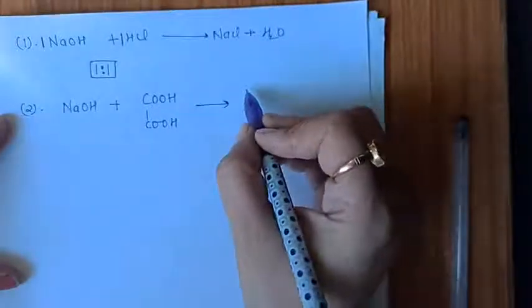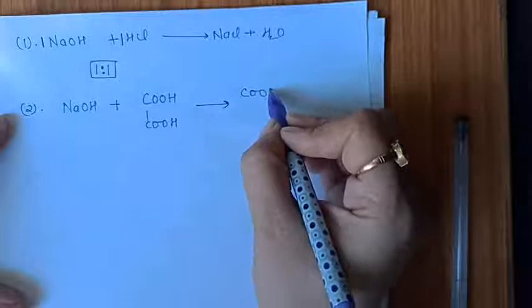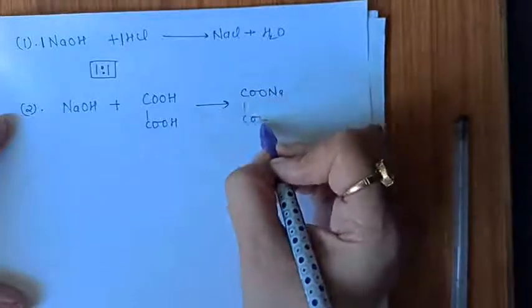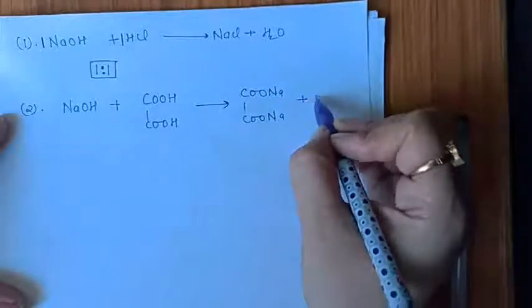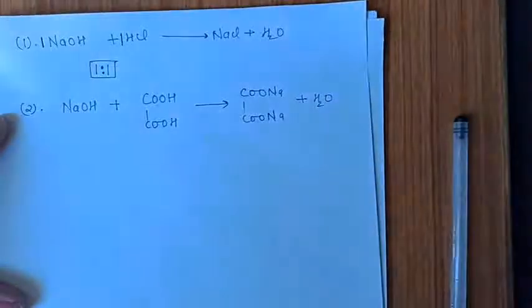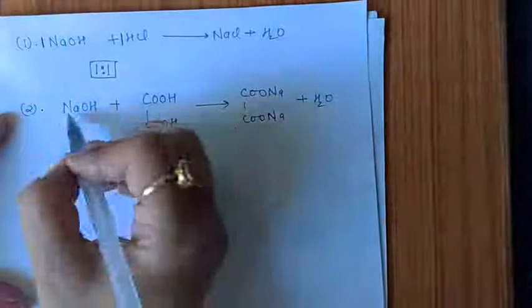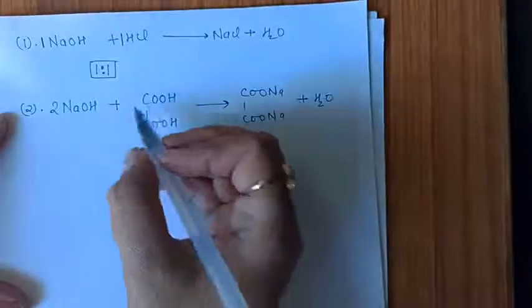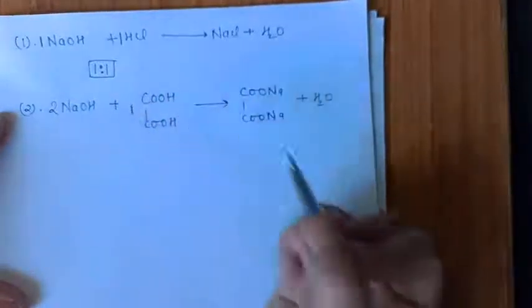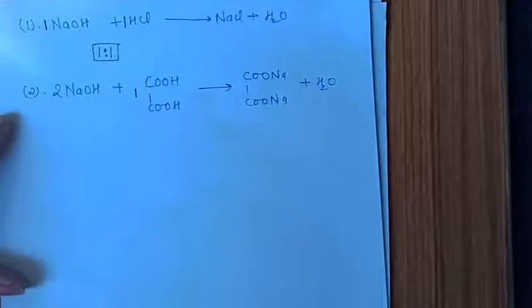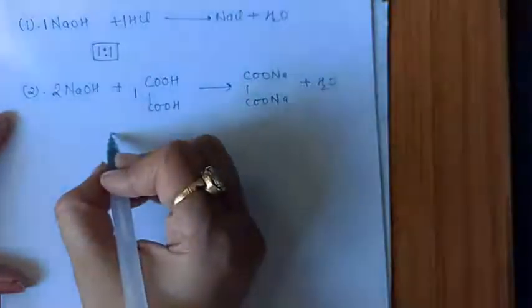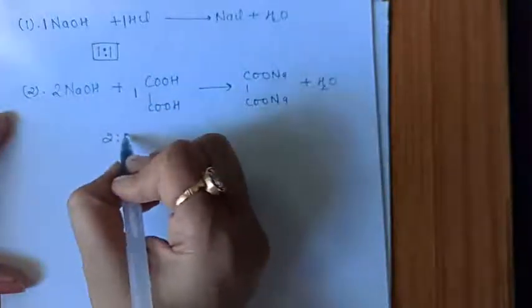When they react with each other, you will be getting the product like this and water molecule. When you balance this equation, here are 2 Na but here is only 1, so 2 NaOH is required to react with 1 oxalic acid. So the ratio of base and acid will be 2:1.